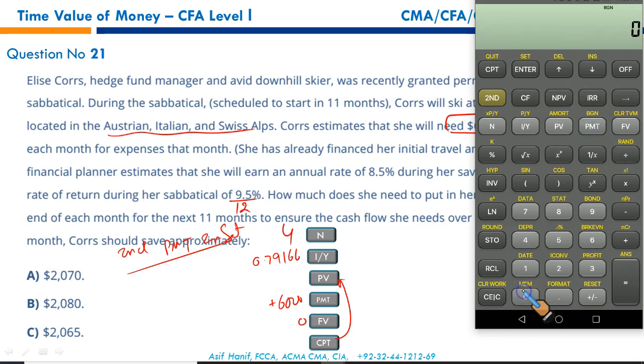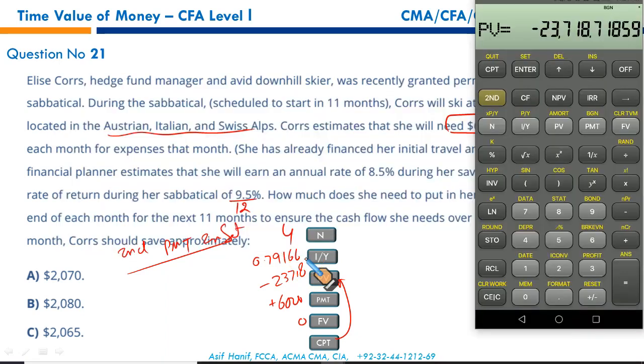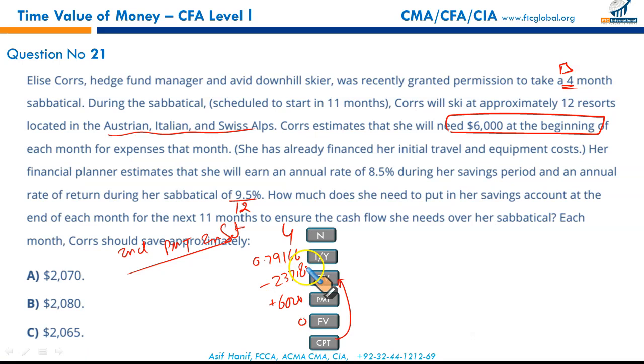Future value is 0. We have to compute the present value. It is 23,718.72.